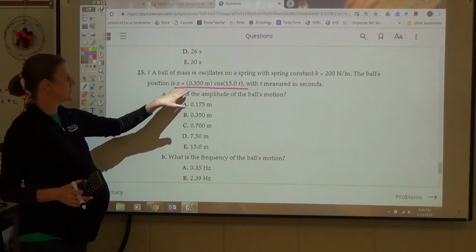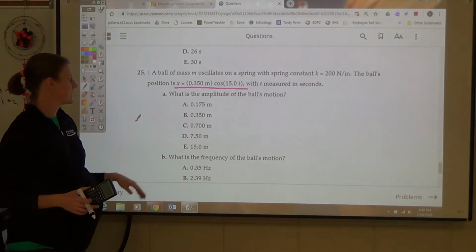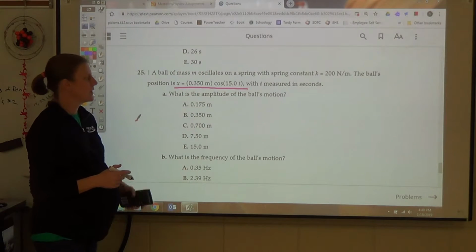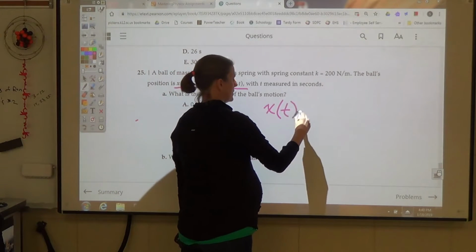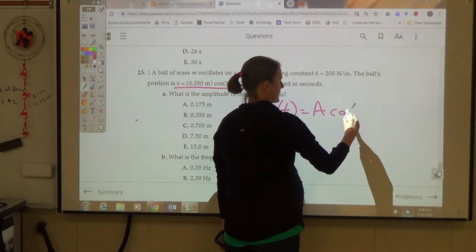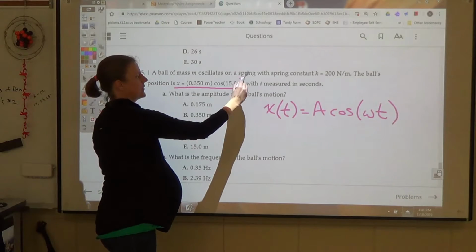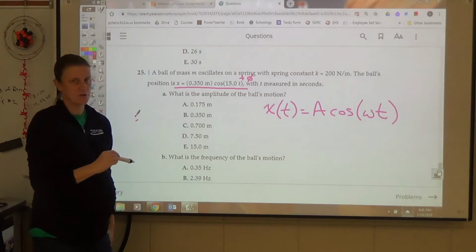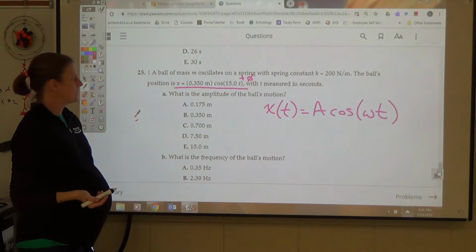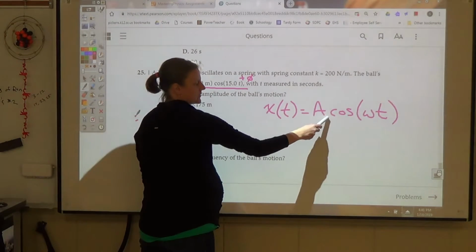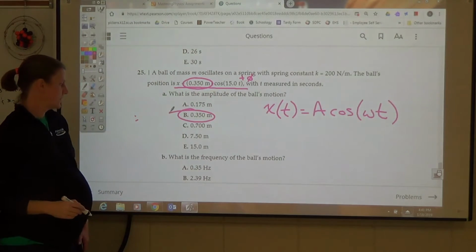The ball's position is 0.35 meters times that cosine function, t is in seconds. Alright, what's the amplitude of the ball's motion? Just remember the original formula. There could have been a phase constant there, but that's obviously 0 here. Well, it's just whatever is in front of cosine. So the 0.35 is your amplitude.